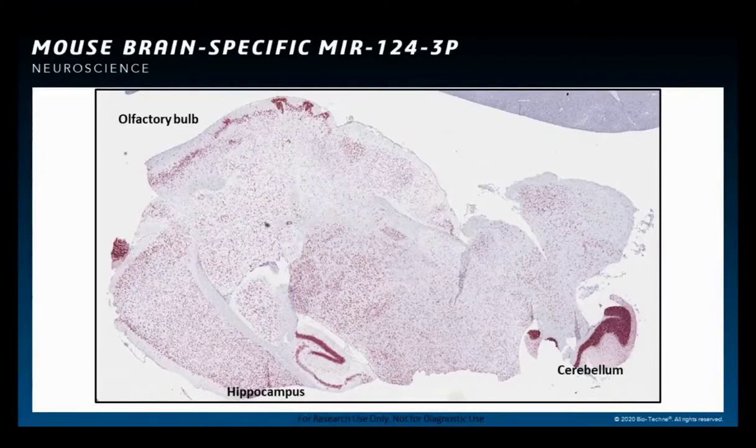Moving on to the next application is neuroscience. And microRNAs have actually been implicated to play roles from early stages in development all the way to adulthood. In this particular image, we're actually showing detection of a neural-specific microRNA, miR124-3P, and this is in the mouse brain.